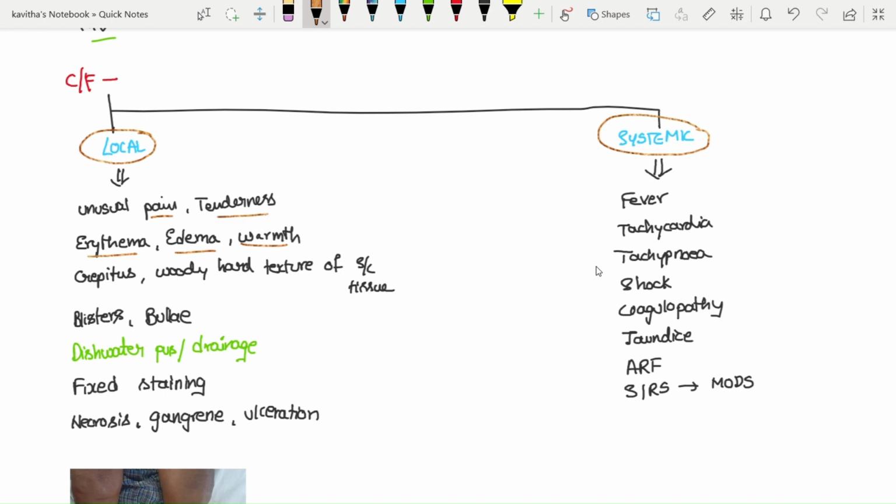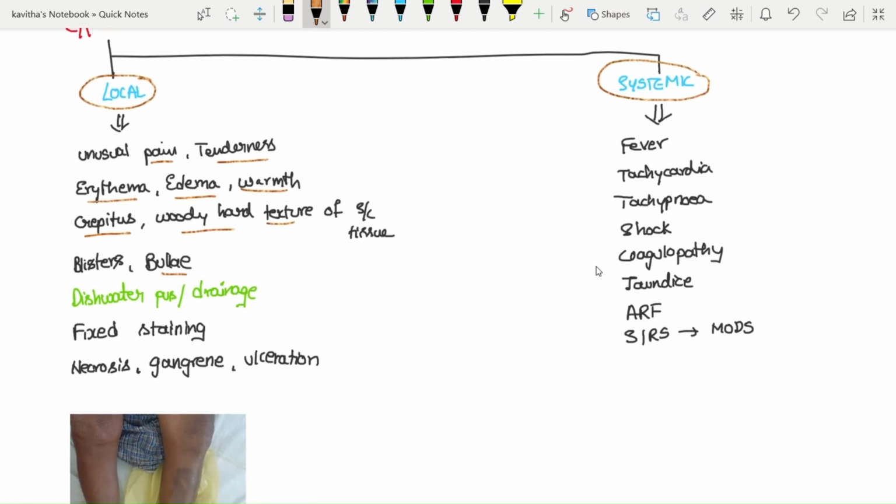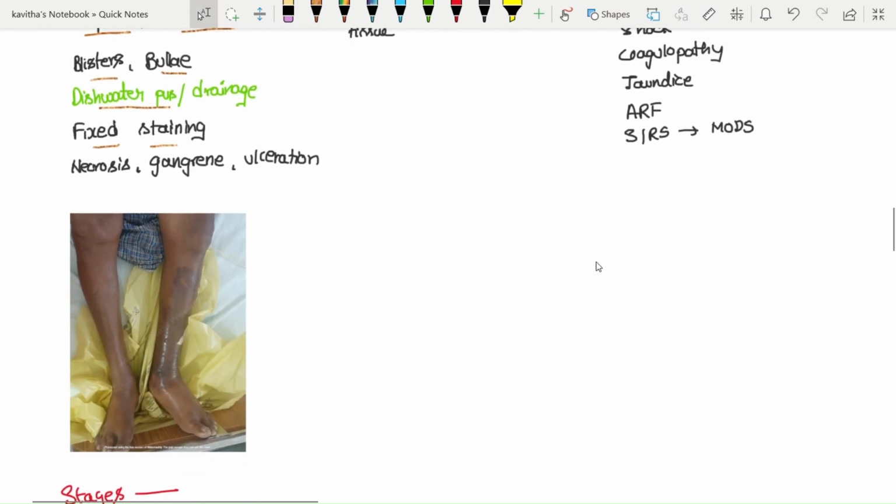On applying pressure you can appreciate crepitus, and the texture will be woody hard. Next, there can be bullae or blisters. When you break those, they release dishwater type of pus or drainage. There will also be fixed staining and discoloration of the skin, later developing skin necrosis, gangrene, and ulceration.